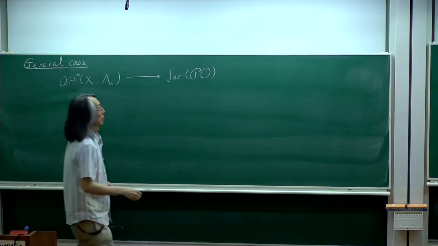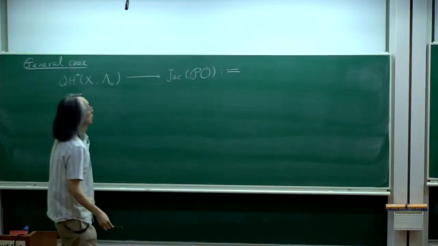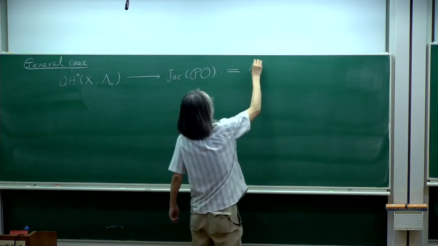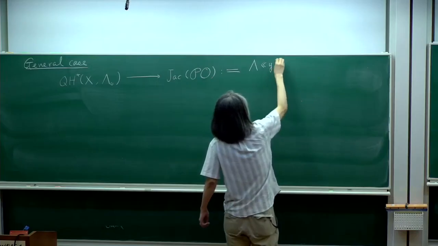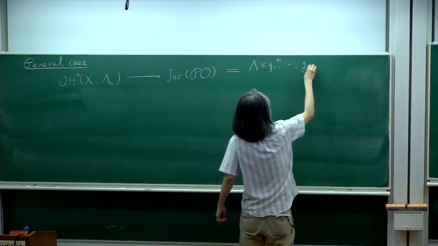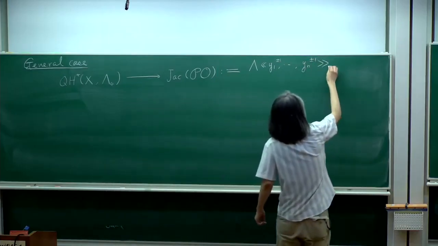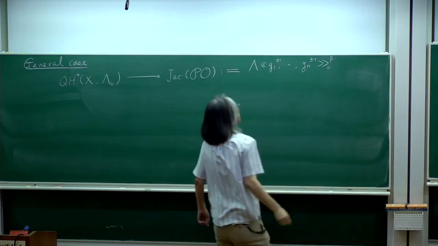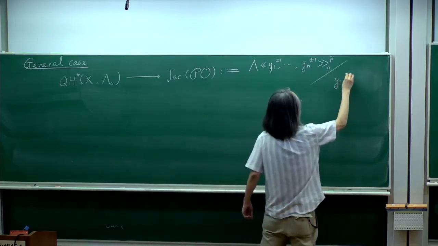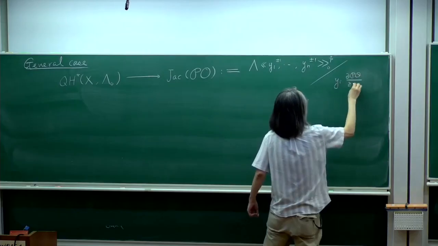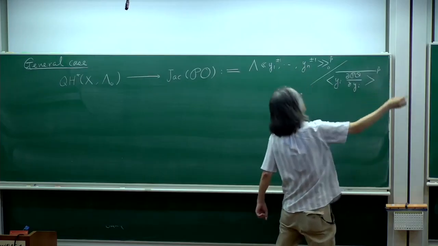I will explain what it is later, but now I just give you the definition of this. So this one is maybe lambda of y1, rather strange thing, and then take a quotient by, and then take a closure with respect to this cycle.